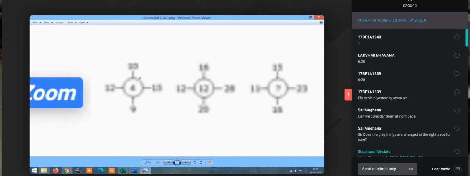The number on the right hand side is 23. And the number on the left hand side is 11. Okay, now you tell me what the answer is.